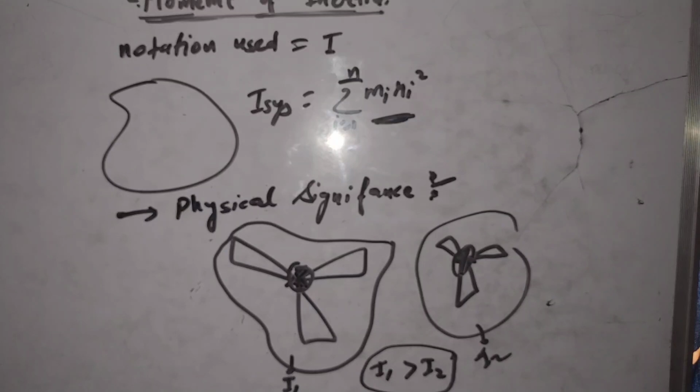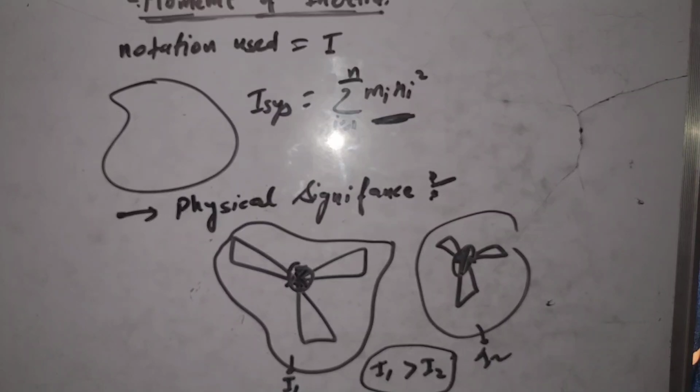You'll find that the wheels of a car are moving faster than the wheels of a tractor, simply because the mass distribution is at a greater distance in the wheels of the tractor, whereas the mass distribution is closer to the axis in the wheels of a car. So that's the physical significance of moment of inertia.